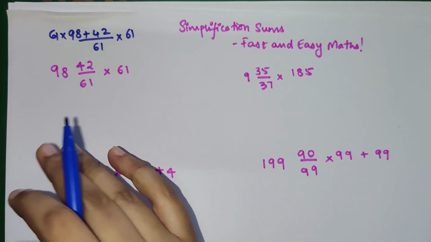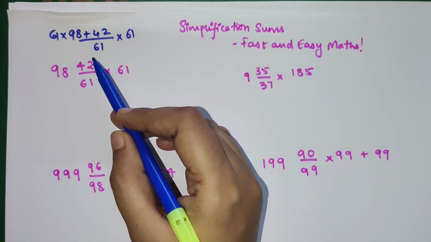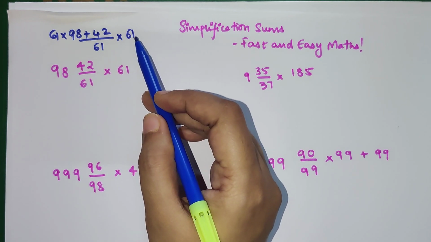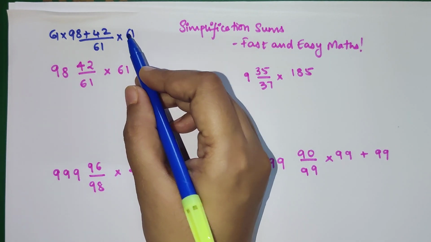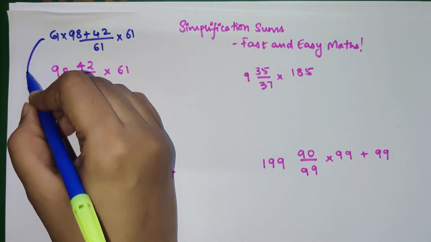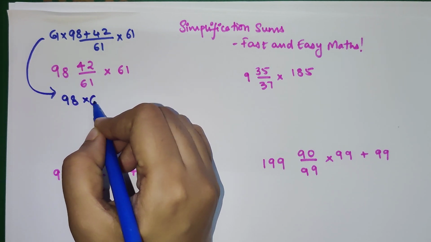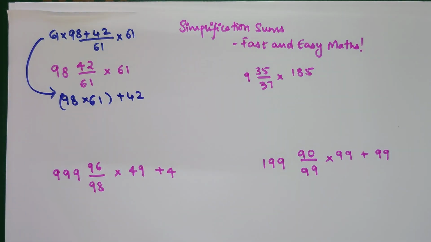But since we already know that the denominator is 61 and here also we have a 61, you do not have to do this step. You can directly do this orally and come to this step, which is 98 into 61 and then adding 42 to it.